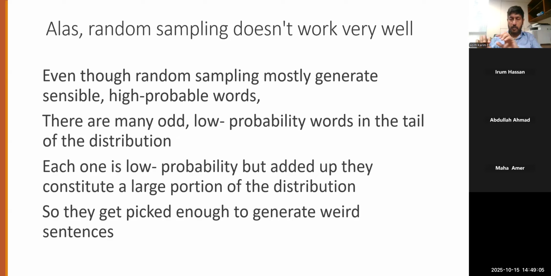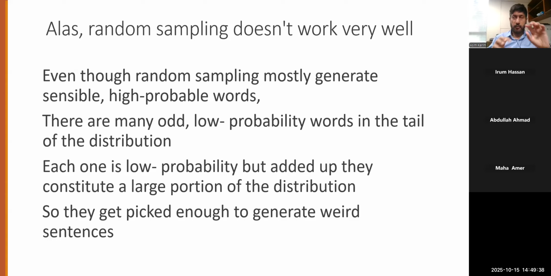So the probability space that those lots of words pick up, even though they have low probability, in your line from 0 to 1 would be quite large. Any of those words can come, and those words won't have any relation among themselves, so they will look like more or less random words. So that gives a lot of variety and variation, and the sentence may not look like a proper sentence.